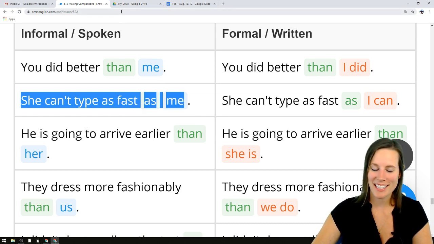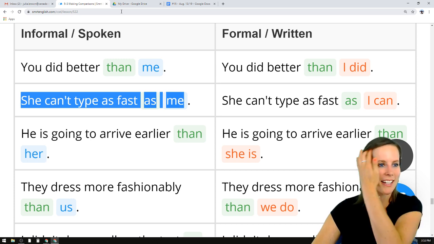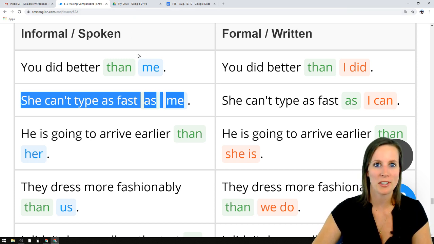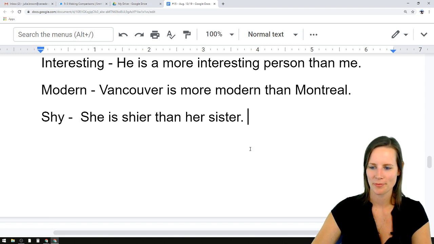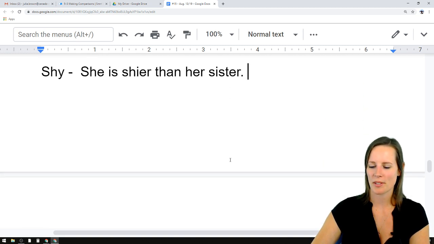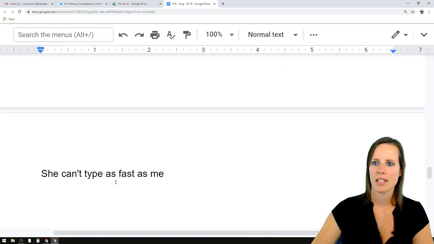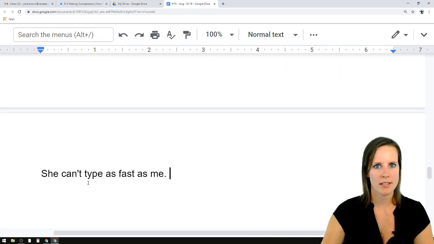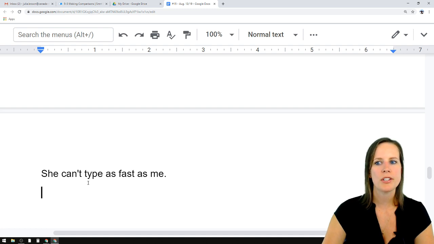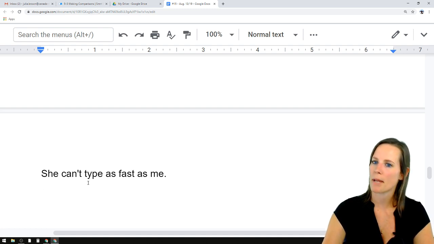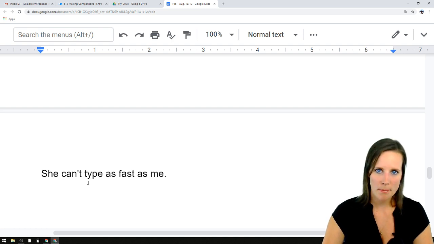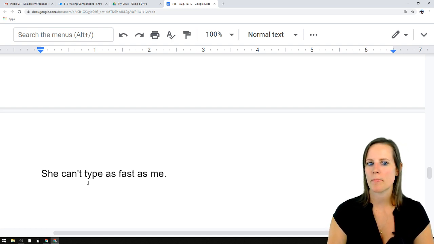Sergey, I know this is a lot of information. I know, and there's still more to come, but there's a lot, I know. So let's see here. Put this example. She can't type as fast as me. How can you change this sentence to a comparative with the same meaning? She can't type as fast as me.